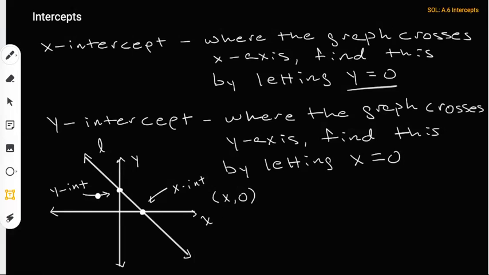But the y-intercept is going to be the opposite. The x-coordinate is always going to be 0. So this point is going to be 0 comma y. So that's what we're going to be dealing with today, finding the x-intercepts and the y-intercepts of each graph.